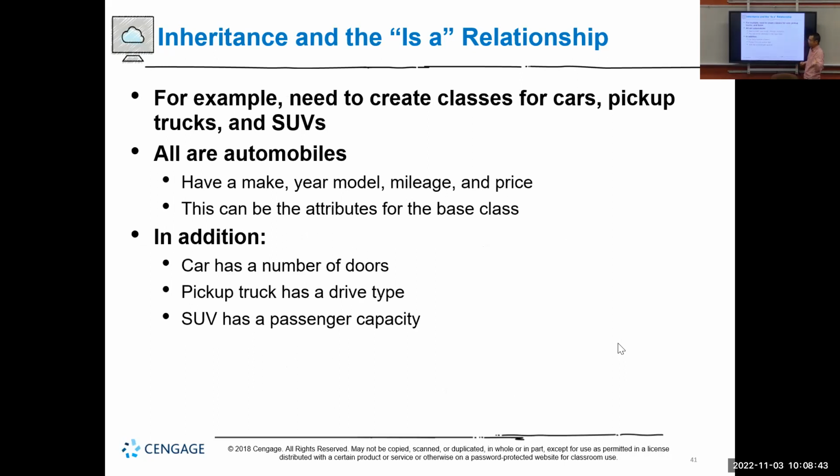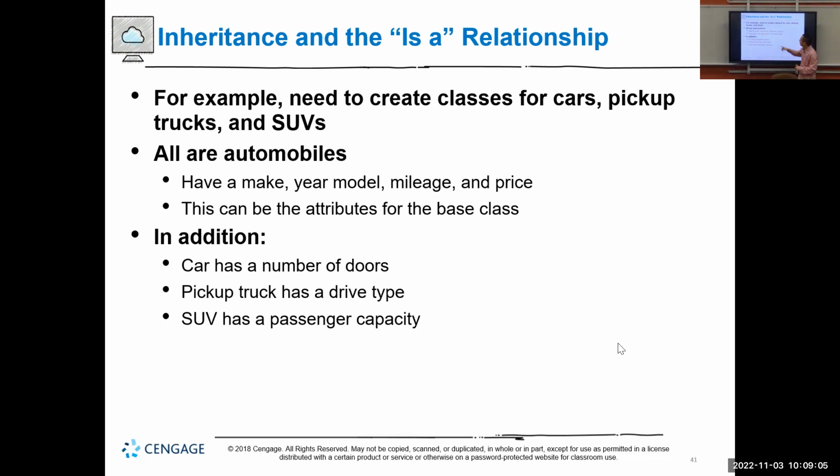Now think about a very straightforward example here. You need to create classes for car, pickup truck, and SUV. All of them are automobiles, right? So automobile here is the super class.